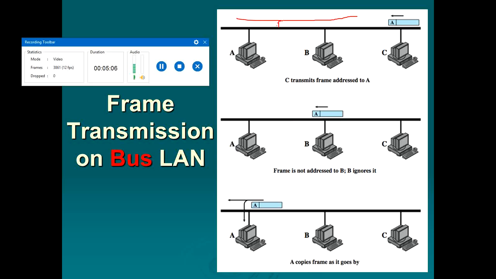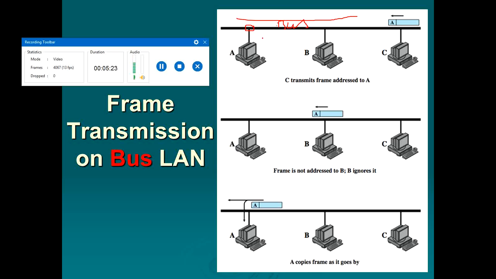This wire is the main medium, called the bus, and the stations are attached to it with the help of a tap. A tap is a connection point which attaches our system to the main bus.